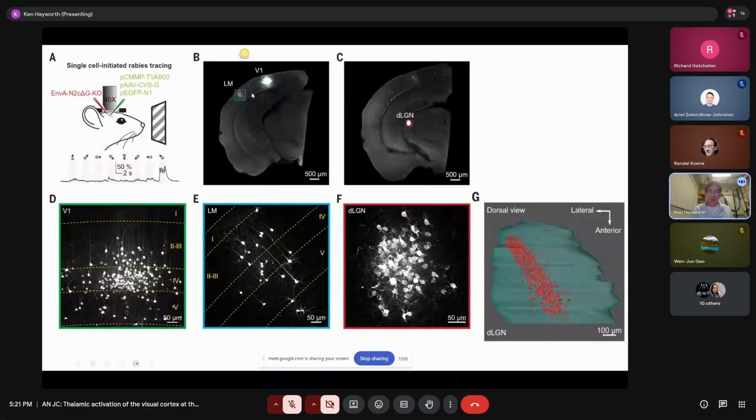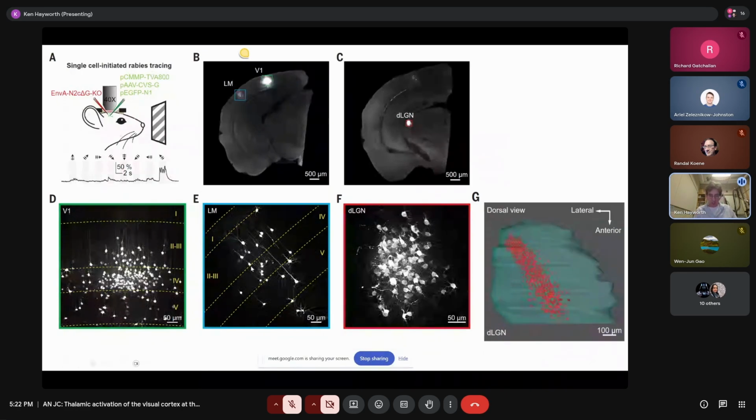So these are the 2 critical slices here. All the cells that are lighting up are the ones that were presynaptic to this layer 4 cell. Most of them are in V1, right around the cell. There's a few in a higher order visual area called LM, and here are the ones coming from the dorsal lateral geniculate nucleus.